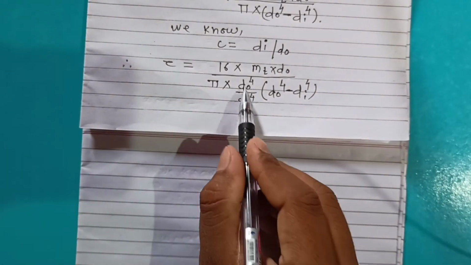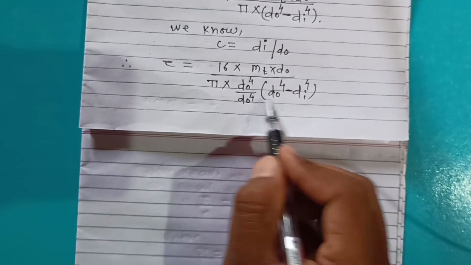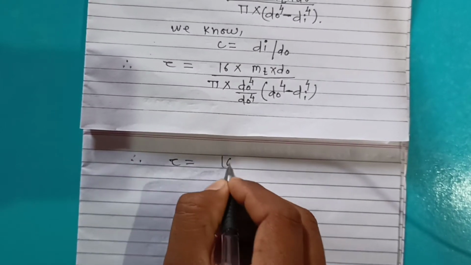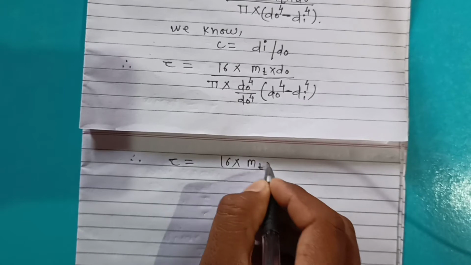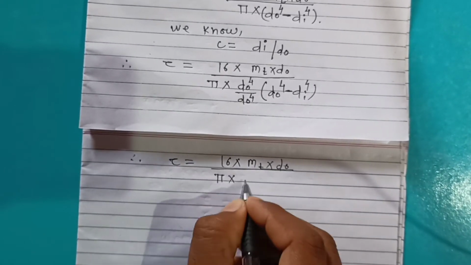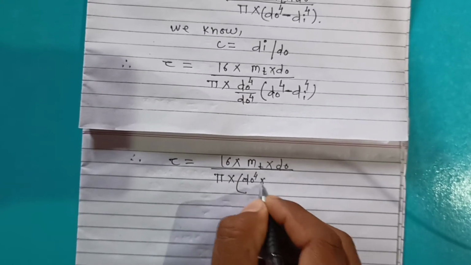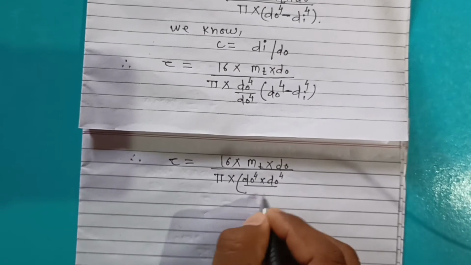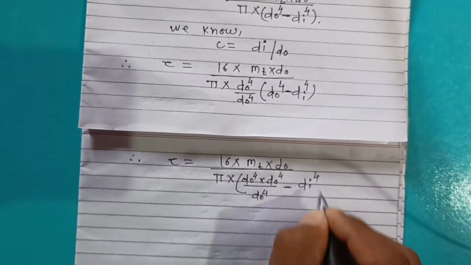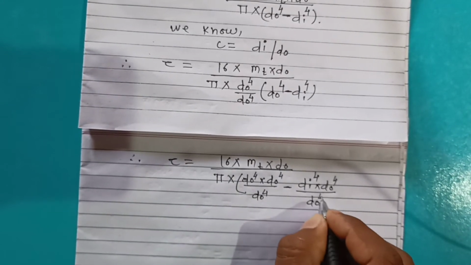Now do raised to 4 and do raised to 4 are multiplied and divided with this bracket, and the equation becomes tau is equal to 16 into mt into do divided by pi into do raised to 4 into do raised to 4 minus di raised to 4 divided by do raised to 4.